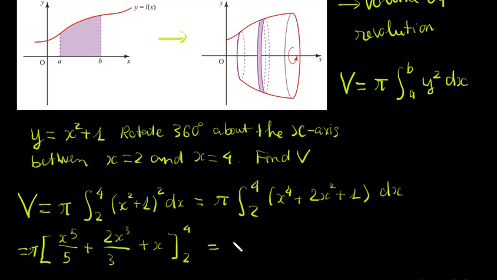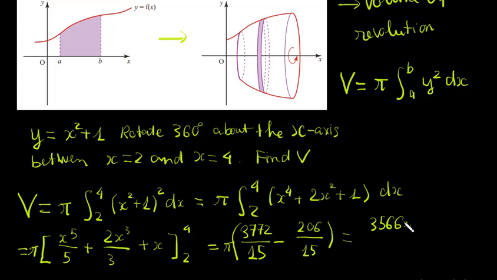Now we take pi out here, multiplied by 3,772 over 15, which is when we substitute 4 into here, minus when we substitute 2 into here, 206 over 15, equal to 3,566 pi over 15. So the volume of this one equal to 3,566 pi over 15.